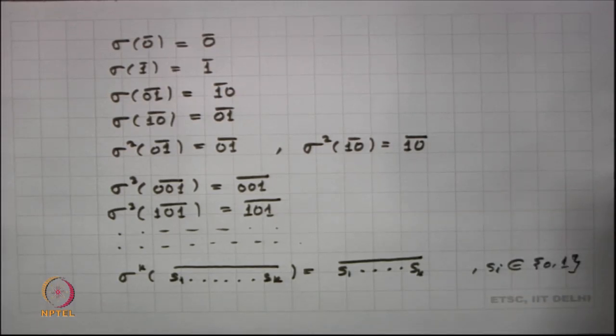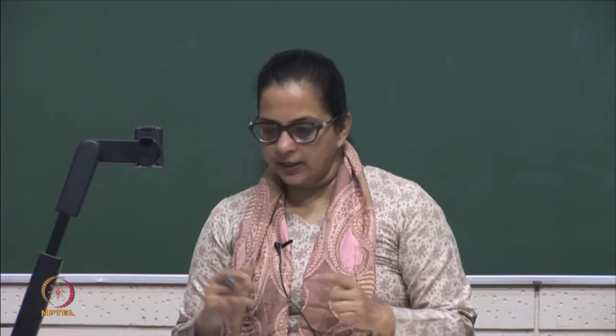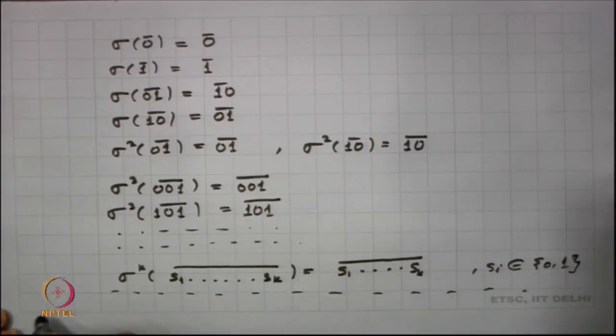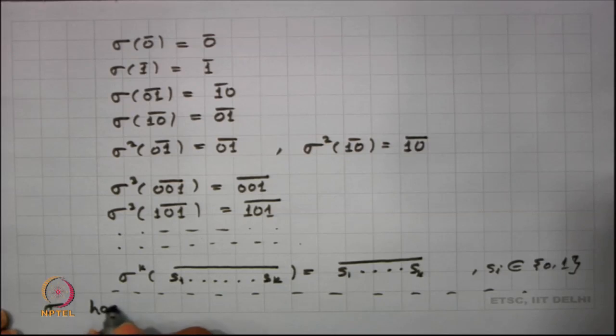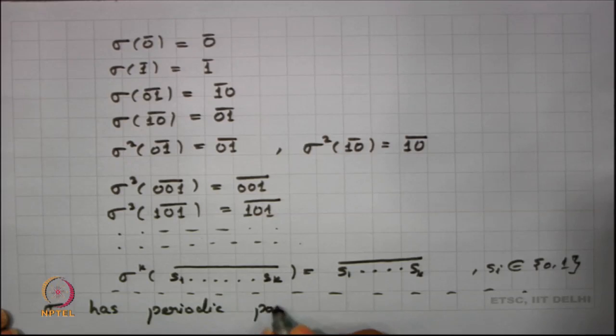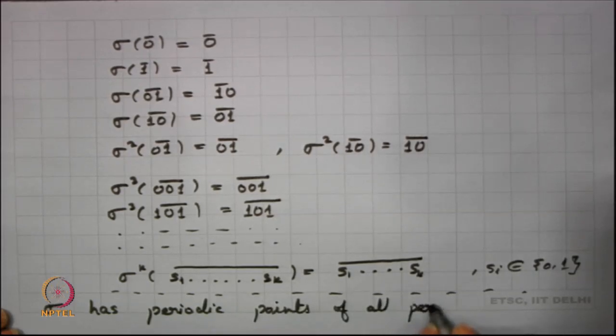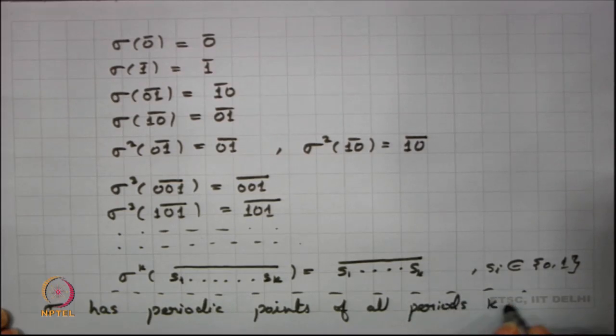So, this will give me periodic points of period k, and hence there are periodic points of period k for all k in N. What we can conclude from here is that sigma has periodic points of all periods k in N.